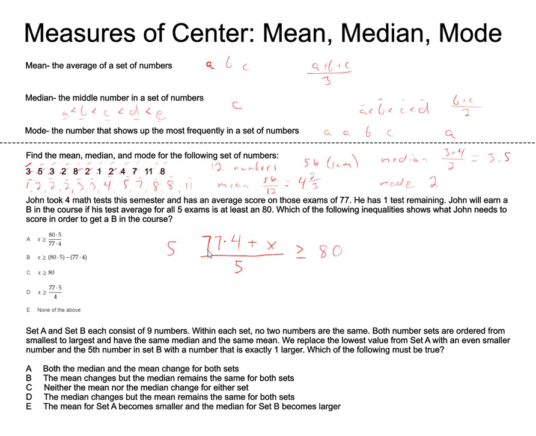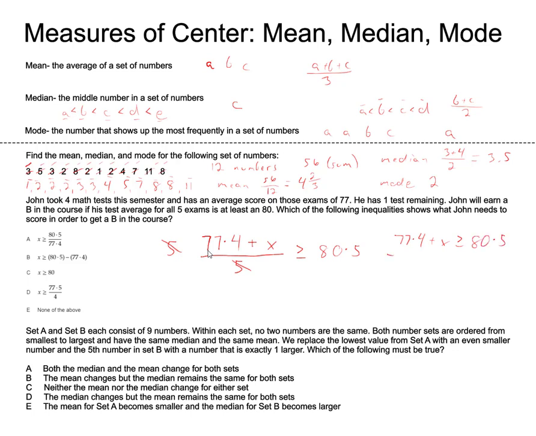So if I multiply both sides by 5, I can cancel the 5s on the left, and then we're left with 80 times 5 on the right. That's going to leave us with 77 times 4 plus x is greater than or equal to 80 times 5.